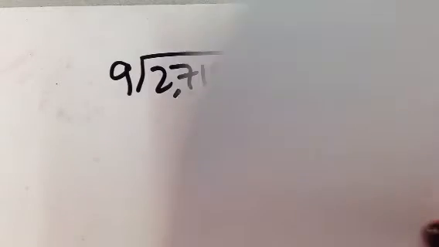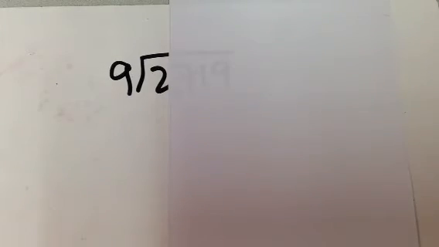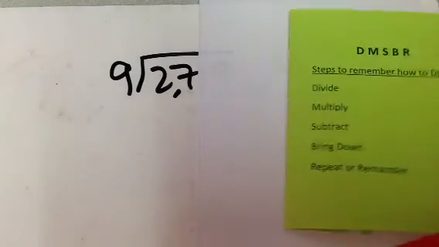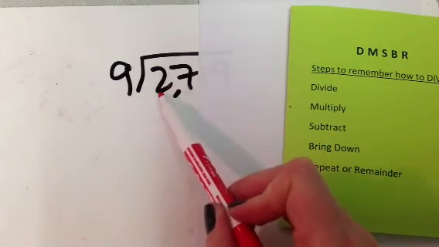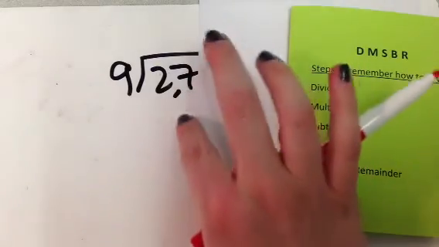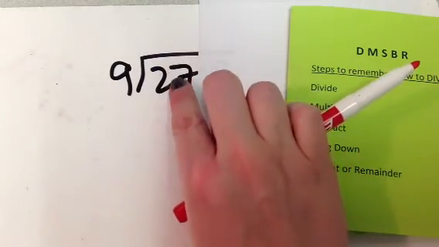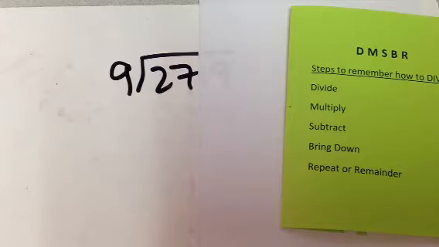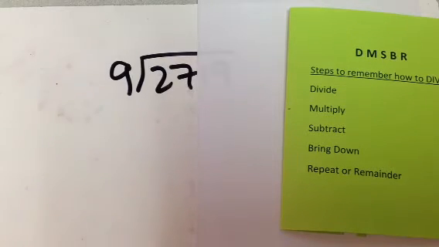Okay, so again, I'm going to cover up and try to make the problem into smaller bites for myself. But I run into a problem, right? Because 9 can't go into 2, so I have to slide over 1. And even though in the original problem this is 2,700, and I've got a comma right there, when I'm working with it, I'm going to ignore that comma and just treat it like it's a 27.